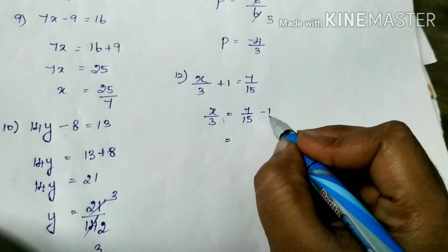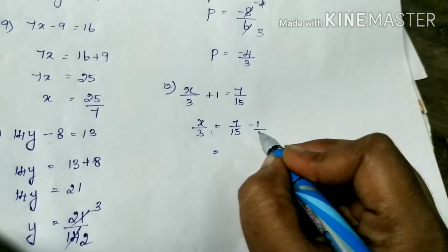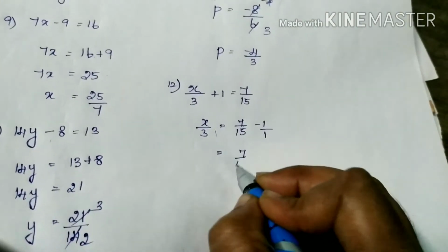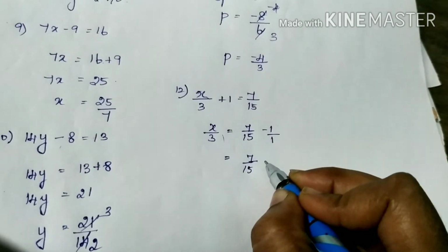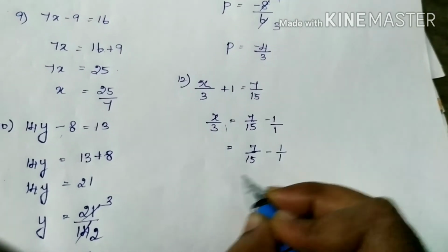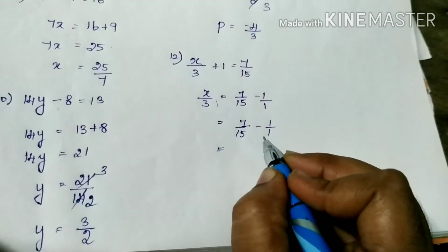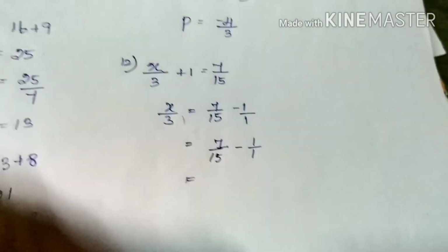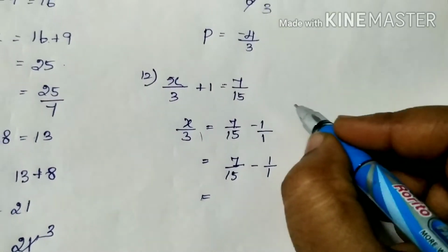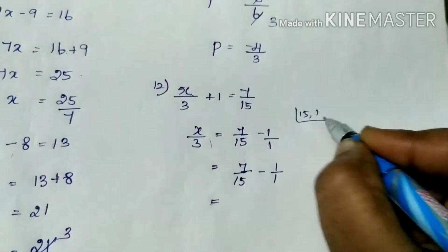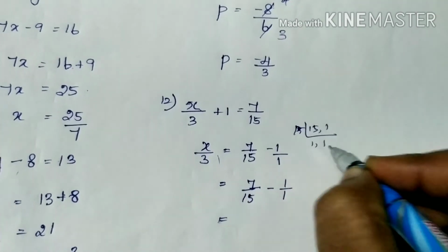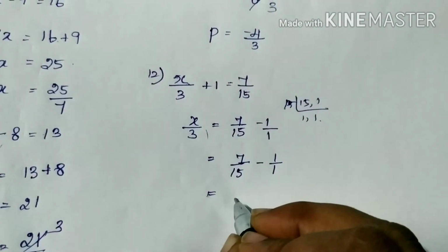Nothing is there means it is a whole number. It is divided by 1. So 7 by 15 minus 1 by 1. Now the denominators are different. So you need to take the LCM. If we take the LCM for 15 and 1, in the 15 table it will come 1 time, and this is 1. So the LCM is 15.